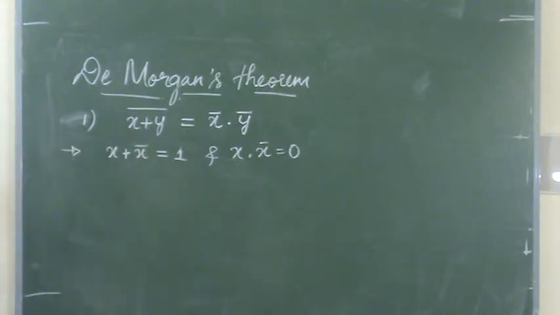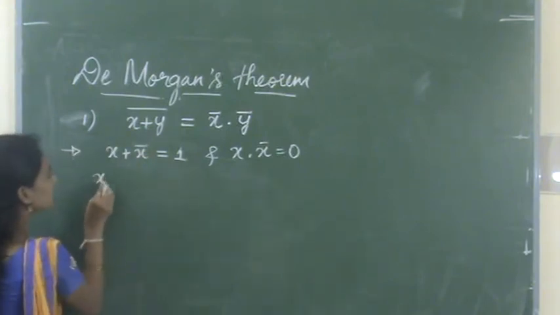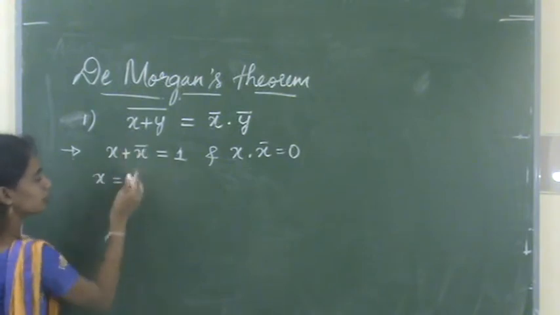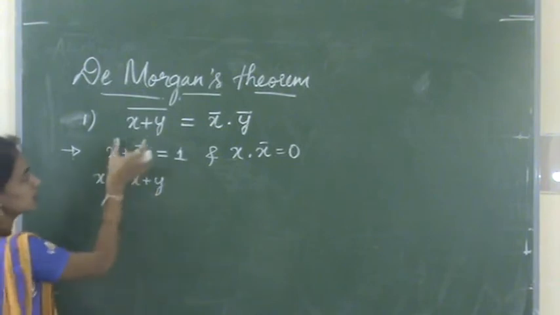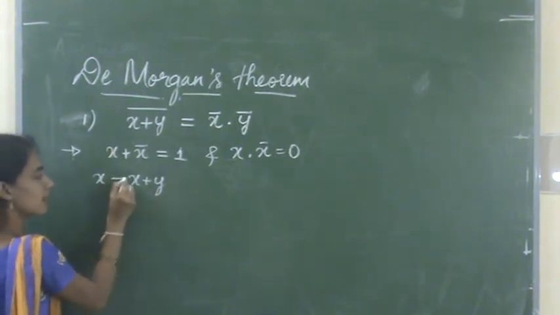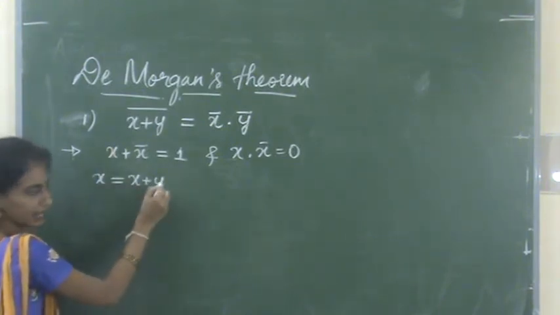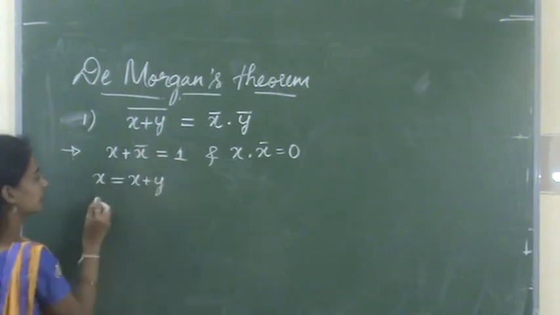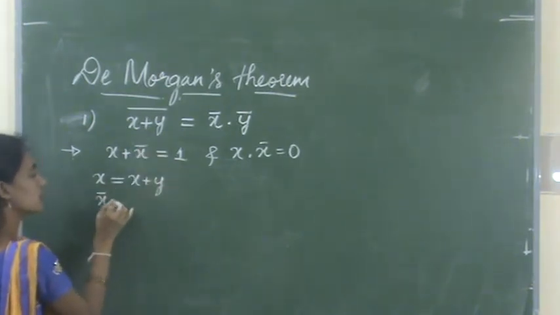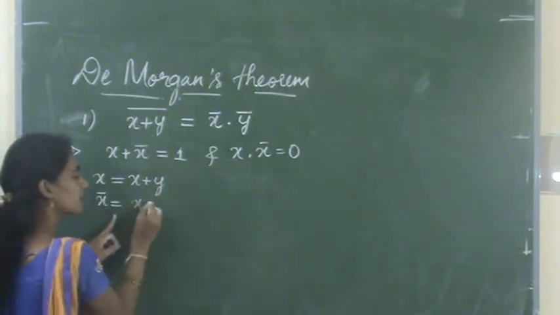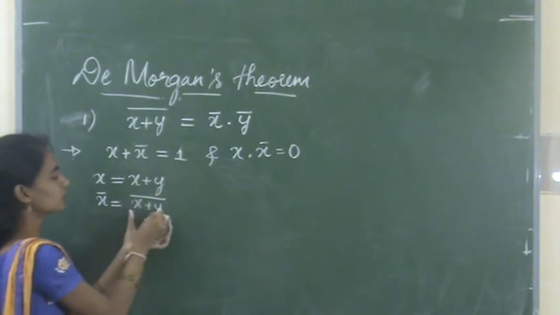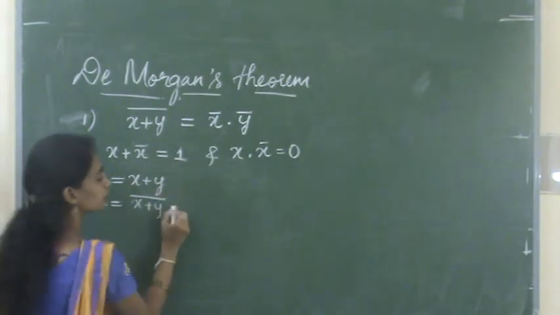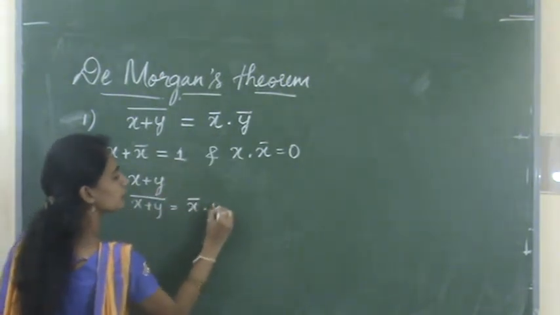Here I am assuming that x is equal to x plus y, and we have x bar. This x bar means x plus y whole bar, right?